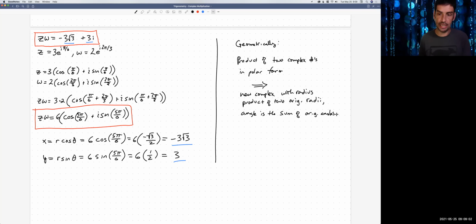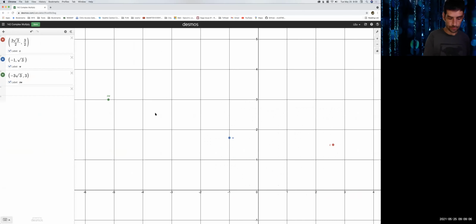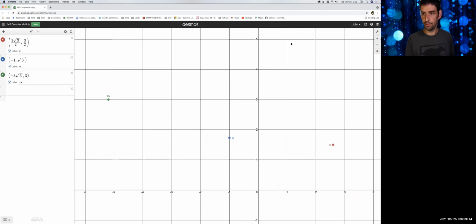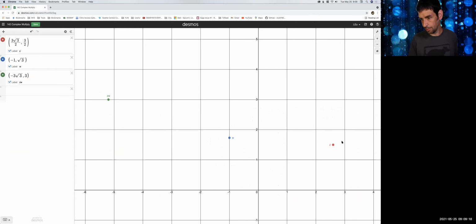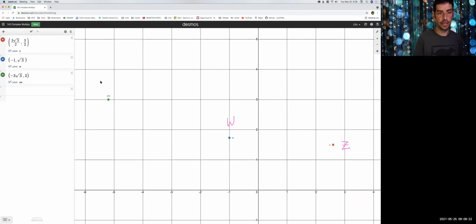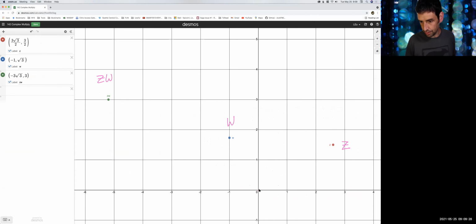So let's just look at a picture of what we just did. So here's a graph, and I've got, let's choose, how about bright pink? Shouldn't be confused when I do these. So here's Z, I'll label it a little bigger since that's pretty small. Here's W, and here's the product Z times W. So let's draw a few things in.